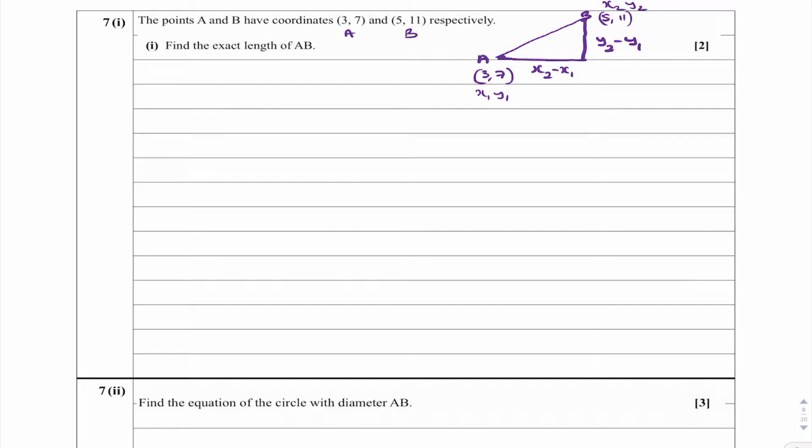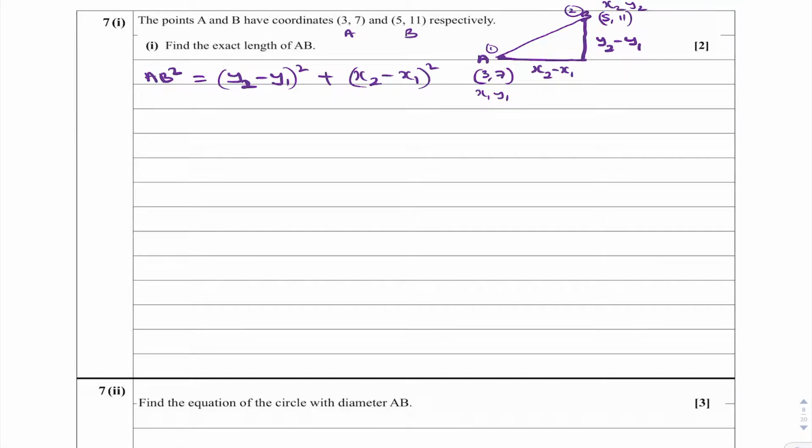So I'm going to use those values to find my AB distance. So AB squared is y2 minus y1 squared plus x2 minus x1 squared, as this is my point 1, that's my point 2. That's why I'm using 1 and 2.